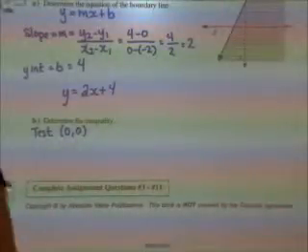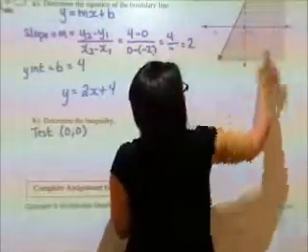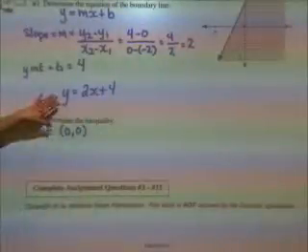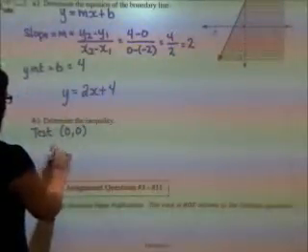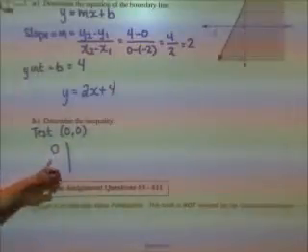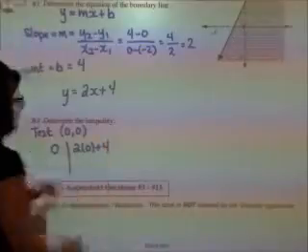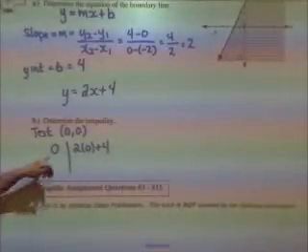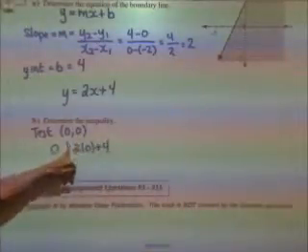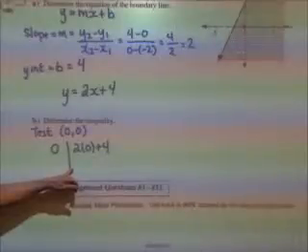We're going to test 0 and 0 because it's in the solution region. So if I put 0 into this equation, I get 0 on the left-hand side and 2 times 0 plus 4 on the right-hand side. And when I simplify this, 2 times 0 plus 4, 4.